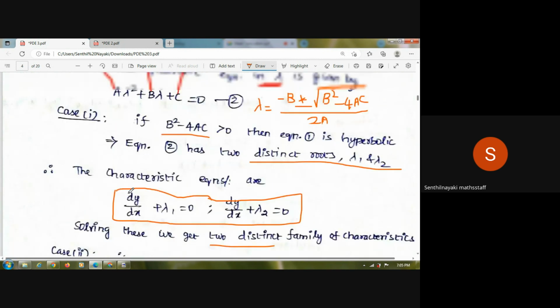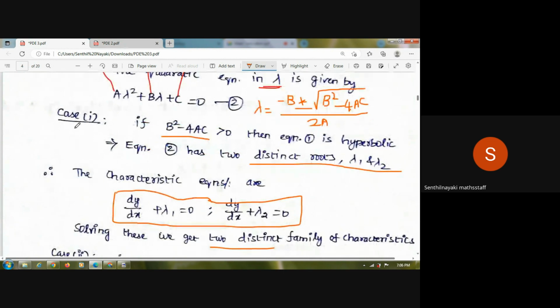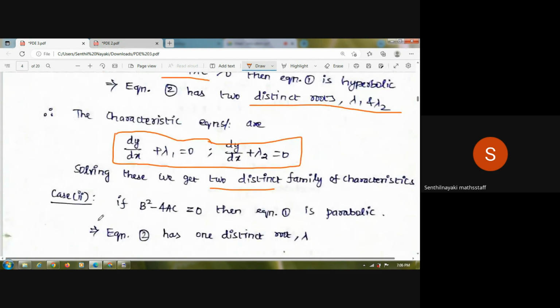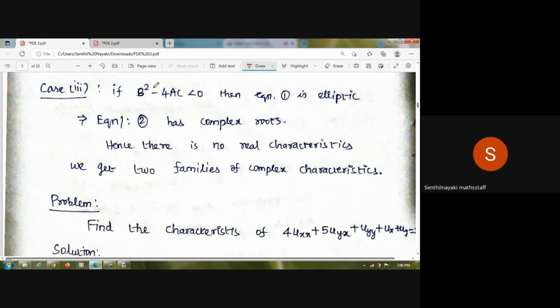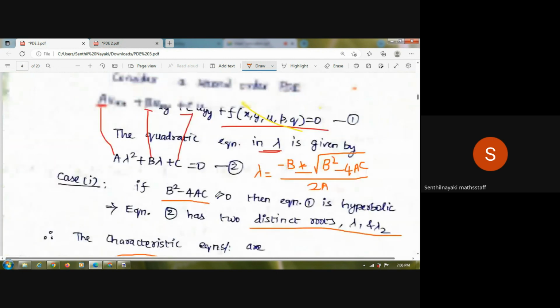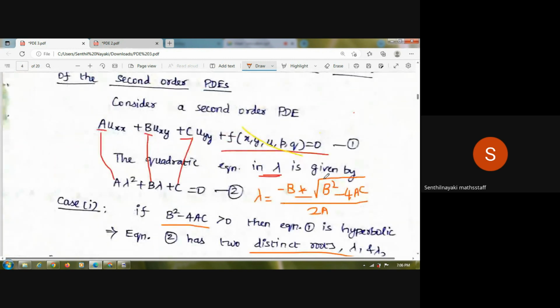Okay, so here we are discussing hyperbolic in case 1 and parabolic in case 2. Then what about case 3? Yes, case 3 is elliptic. Elliptic means b square minus 4ac is less than 0. So think about this square root value. What will we get? Within the square root we get a negative value.